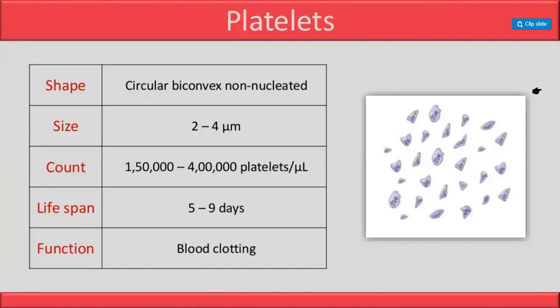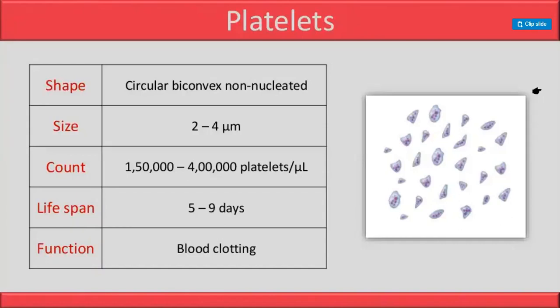It means that platelets have a shorter lifespan than the red blood cells and the white blood cells, because they live only 5 to 9 days.